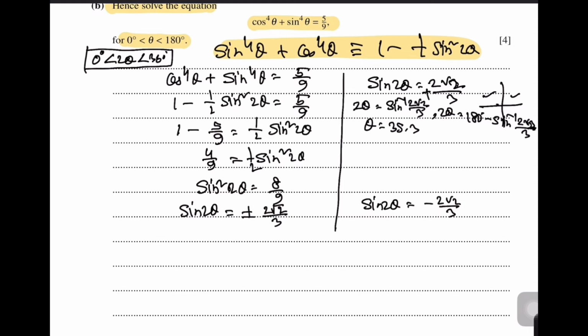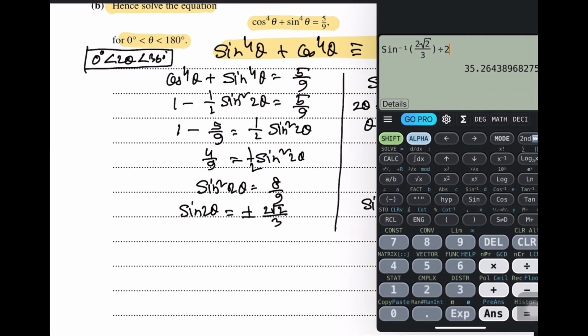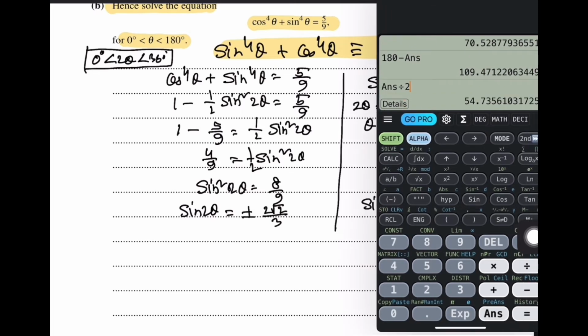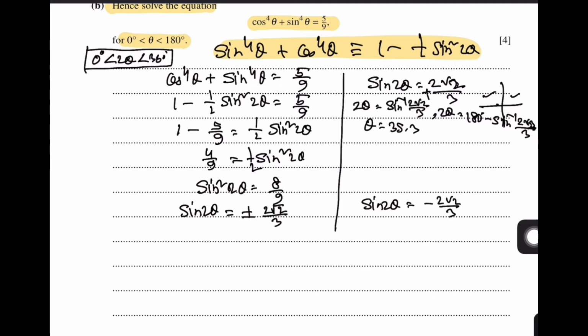So let me find 180 minus sin inverse of 2 root 2 by 3, divided by 2. It is 54.7. Another theta will be 54.7. These all are solutions of the equation.